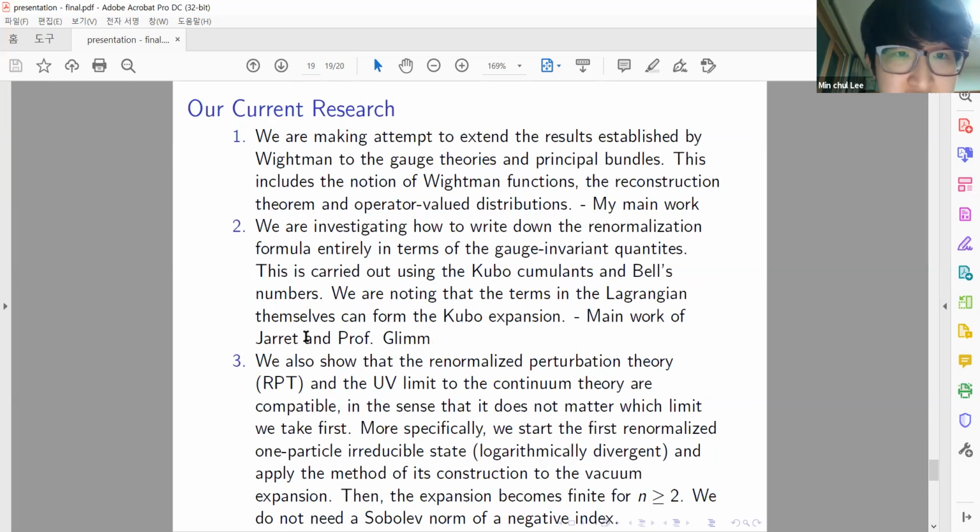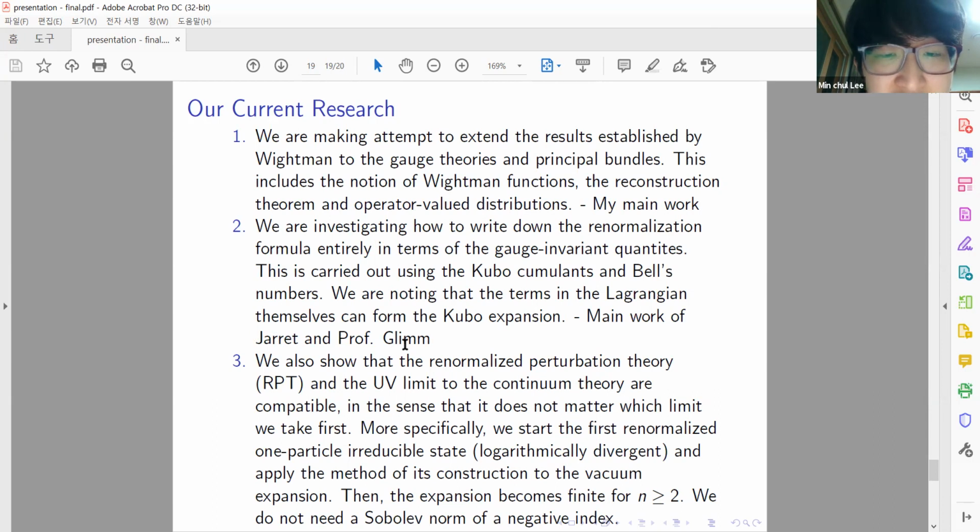So our current research is, first, my main work to extend the result established by Wightman to gauge theories and principal bundles. This includes the notion of Wightman functions, the reconstruction theorem, and the operator-valued distributions, as I just mentioned. Also, it is the main work of another collaborator, Gerard, and Professor Lim, that we are investigating how to write down the renormalization formula entirely in terms of gauge invariant quantities.